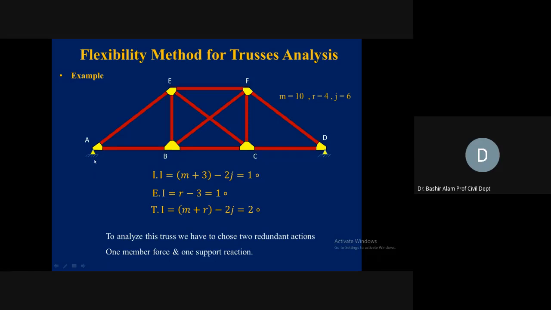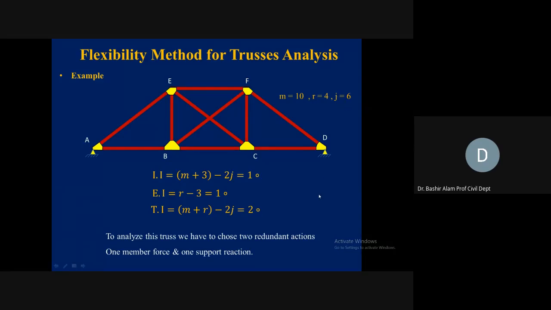At A we have a hinge support, at D we have a hinge support. At each hinge we have the capability of horizontal and vertical reaction, and at D also. So 4 are these support reactions. So r is equal to 4. Number of joints A to F, so 6 joints, so j is equal to 6.